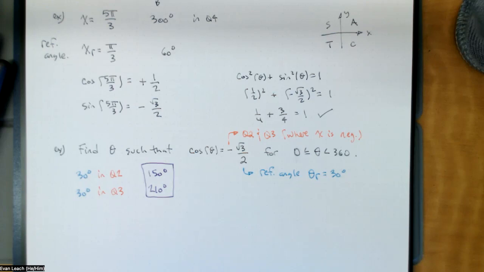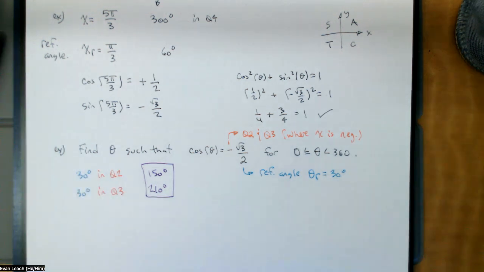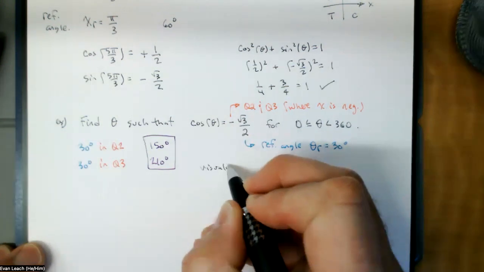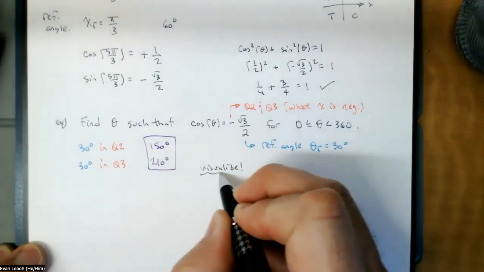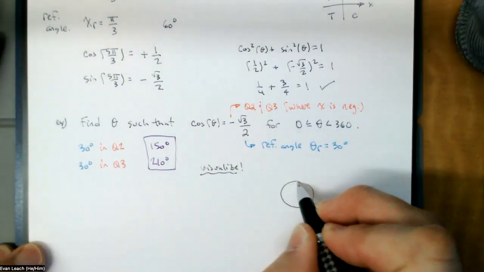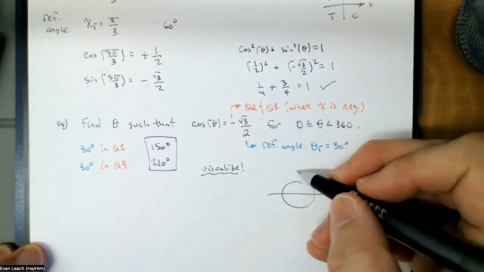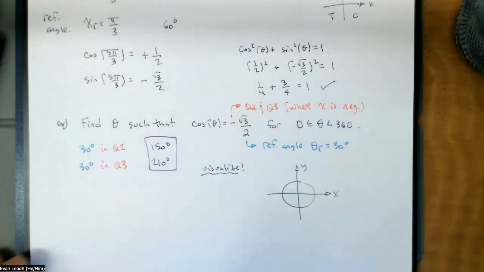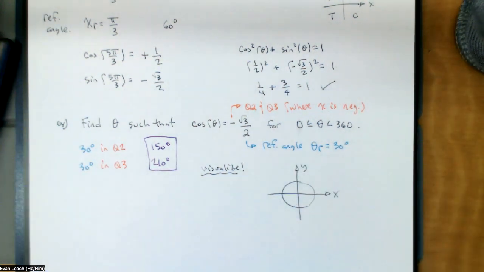If we visualize what's going on with this question, imagine the unit circle. When we look at cosine of theta is negative root 3 over 2, we associate cosine with the x coordinate. So our x coordinate is negative root 3 over 2.